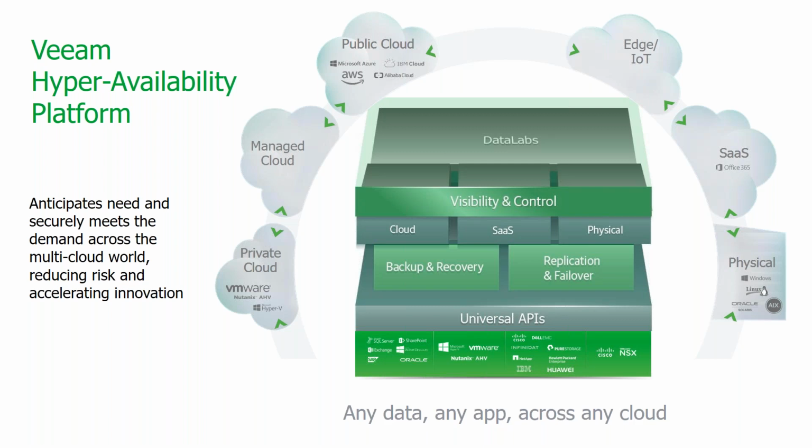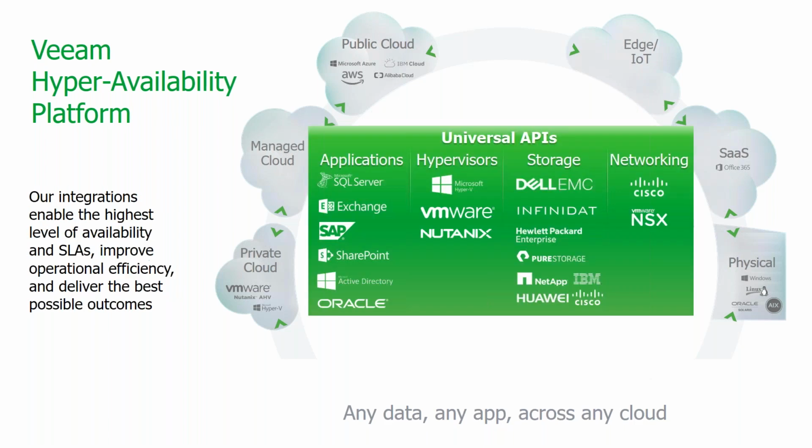And we underpin that, of course, with our backup and recovery services and replication and failover services, which would not be as powerful if we didn't have those APIs into the particular technologies across applications, hypervisors, storage, and networking. Of course, we're going to be focusing on a particular API today around integration into the Nimble arrays.